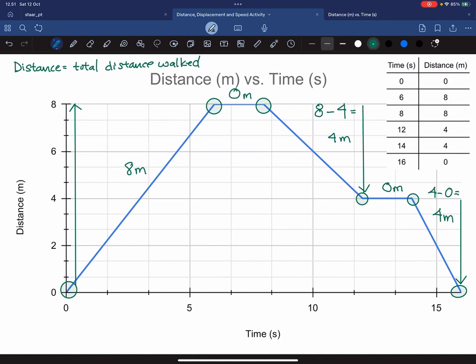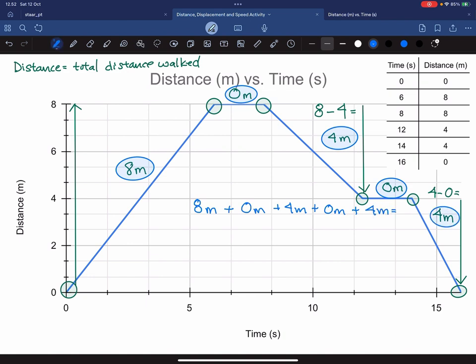So if we add it all together, you're going to add 8 meters plus 0 meters plus 4 meters plus 0 meters plus 4 meters.